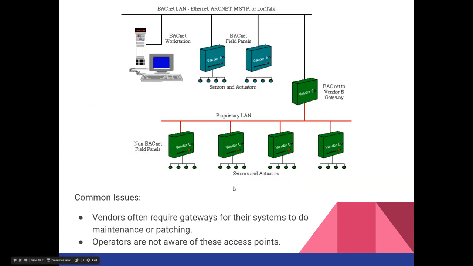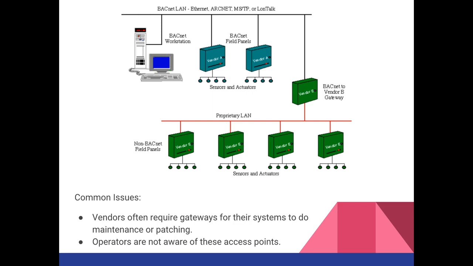And there's another issue this raises, which is an increasing problem facing industrial systems: vendors often require gateways into the systems to do maintenance and patching for the device, either to dial back home or for the vendor to ping it in over SSH or RDP or whatever. And this is problematic.